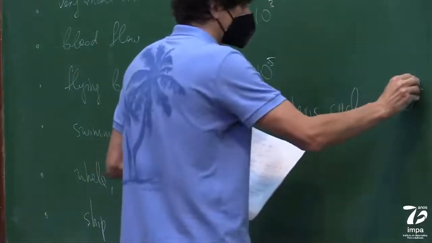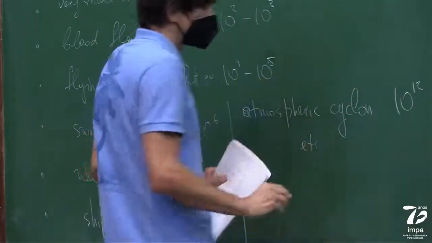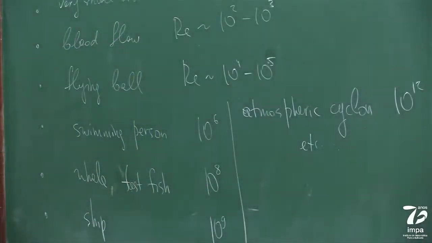So it's 10 to the power 12, and so on. Then you can go to astrophysical examples, for example some motion within the stars or galaxies, so it goes to much larger numbers.